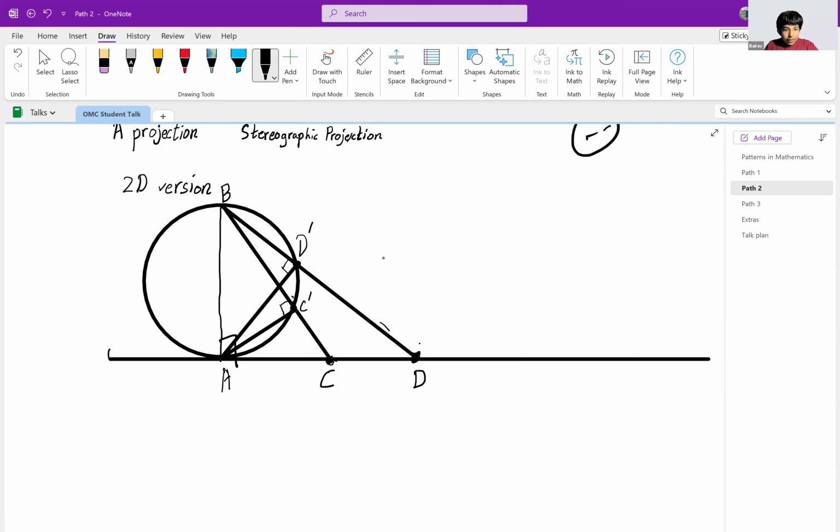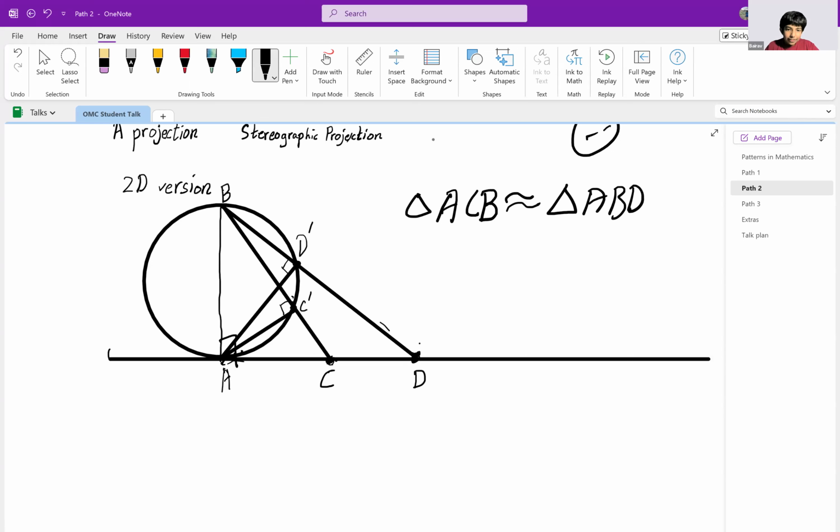So if it's inverted around the circle A, with the center A and the radius AB, then we get that triangle ACB is similar to triangle ABD.